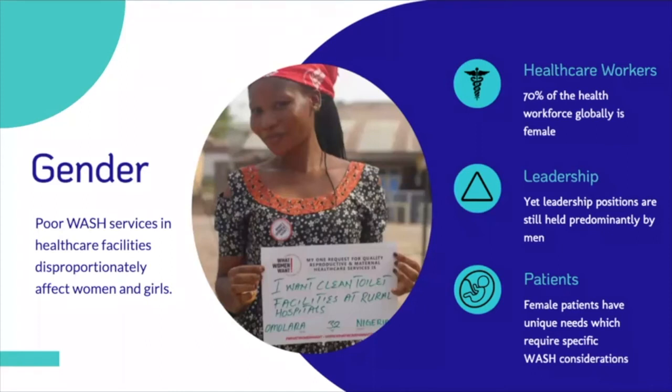And of course, female patients have unique needs which require specific WASH considerations, not the least of which is that women come to healthcare facilities to deliver their babies, but there are additional needs they may have, including menstrual hygiene management, postpartum bleeding, and other concerns.